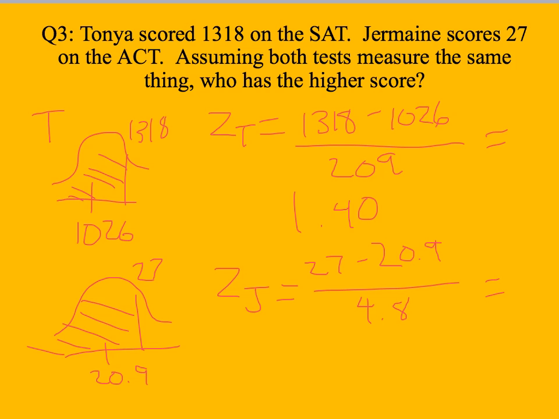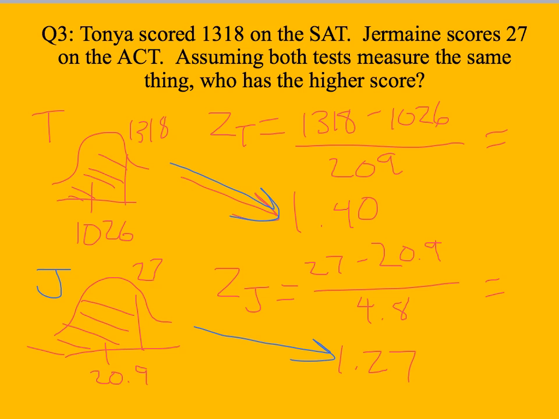Okay. If you think about the normal distribution, 1.40 is further to the right than 1.27, which means 1.40 has more area less than it than 1.27 did. Which means if we took this out to find the percentile, we would see that Tanya's percentile is greater than Jermaine's percentile.